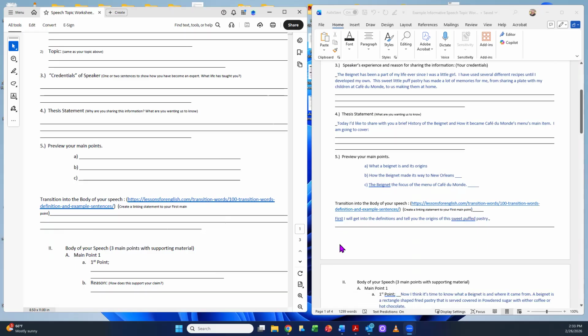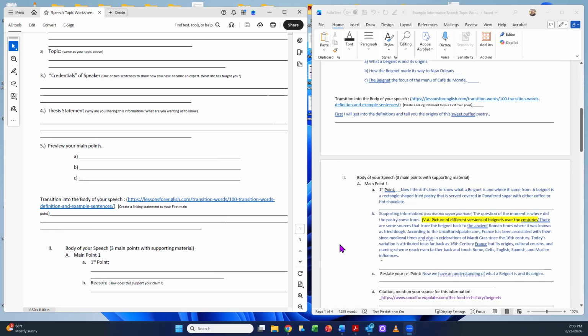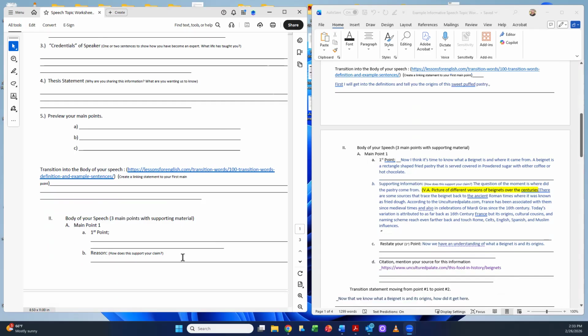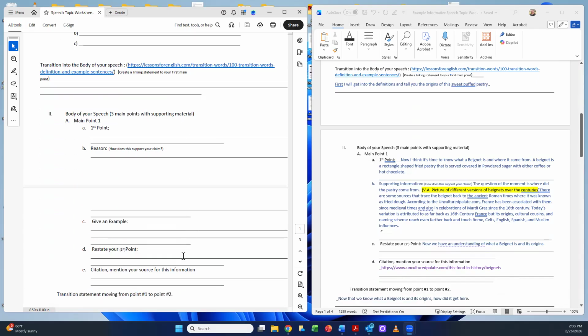Now, in the body of our speech, okay, main point one, you're going to list your point. You're going to have your supporting information, or your reason behind it, how you're supporting your claim. You're going to give an example or tell the story that's going to support that supporting information.